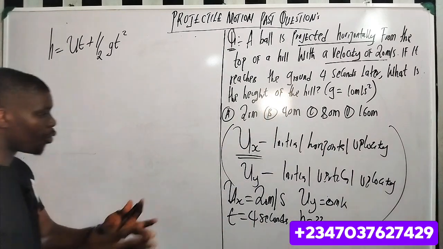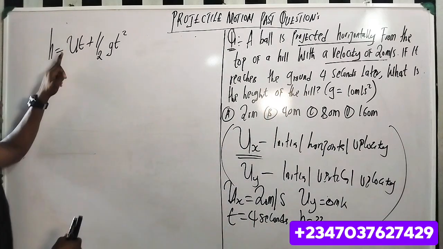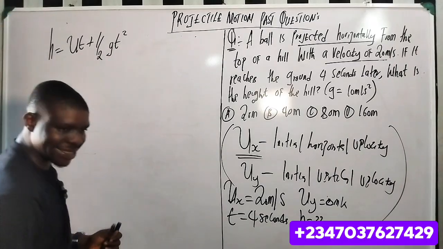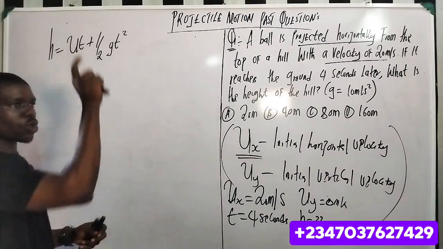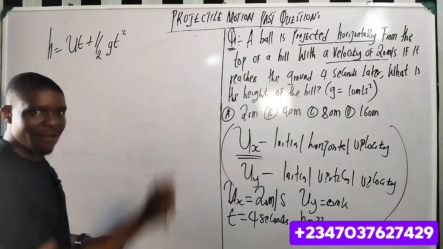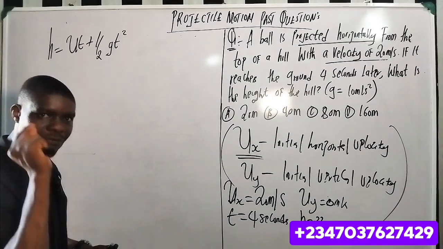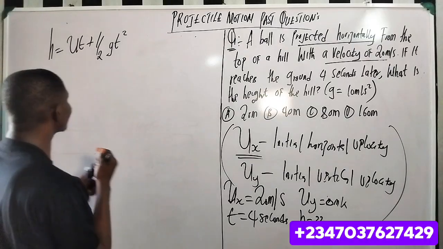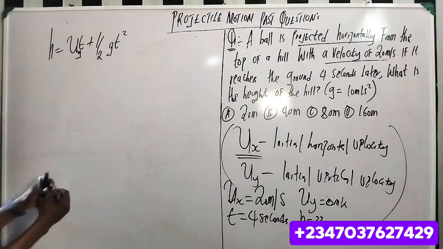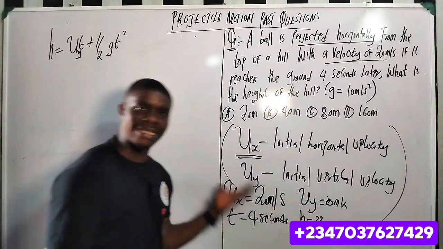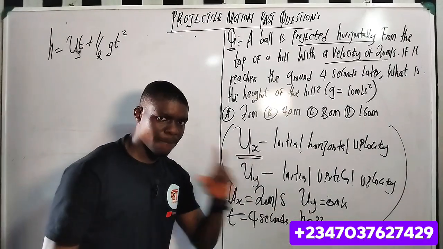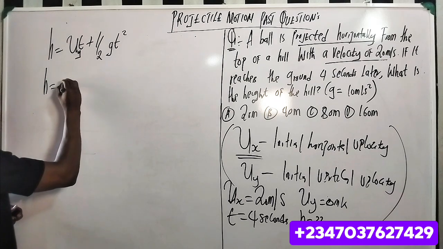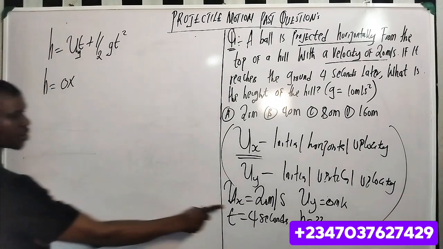The mistake most people make here is that this u, because we are talking about height, is the initial vertical velocity. Do you understand? So this u here is actually uy. So you are not going to use this 20 there. You are going to use this 0 here.